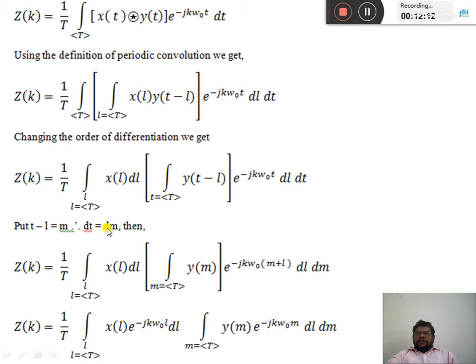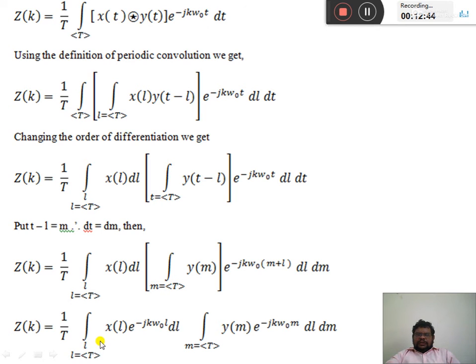Now replace t minus L with m and t with m plus L. If you eliminate the entire small t term from the time domain signal, here t minus L becomes m, t becomes m plus L, and dt becomes dm. Means everything in t is represented in terms of m. Now at the end we will write this as shown here.